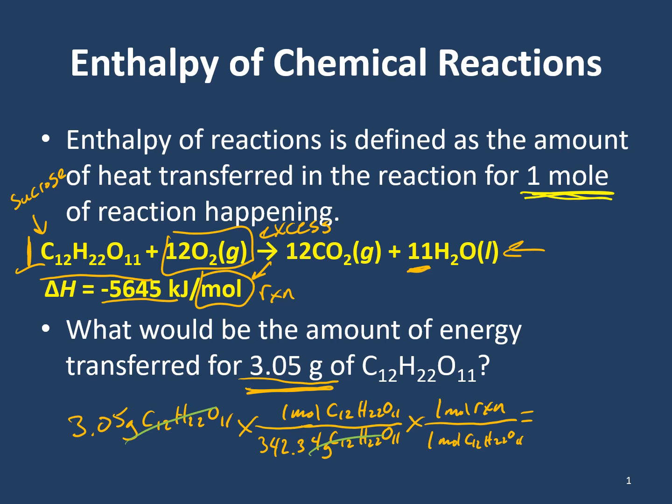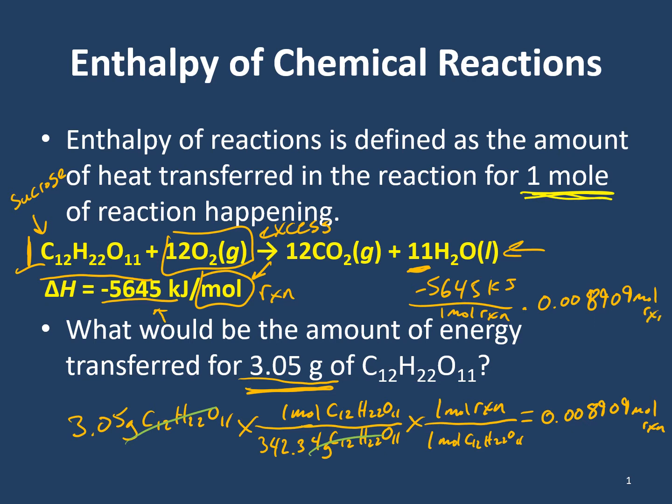So in this case, we get 0.008909 moles of reaction. And at this point, I just need the moles in our delta H that we were given to cancel out. So I know that negative 5,645 kilojoules of energy per 1 mole of reaction times 0.008909 moles of reaction.